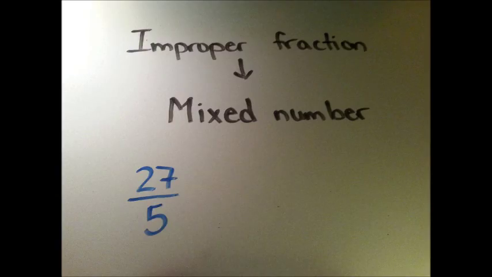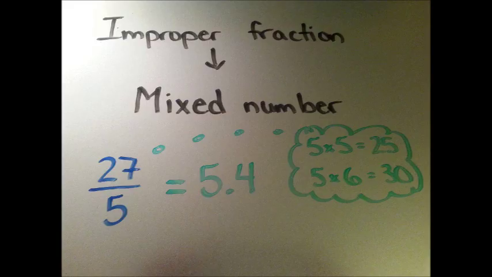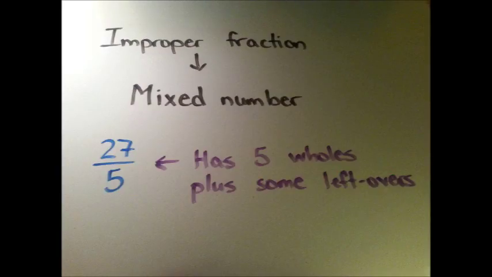If we're going to convert from an improper fraction to a mixed number, well, that's actually pretty easy. If we take a look at the example of 27 divided by 5, maybe you think about your multiplication facts and you realize 5 groups of 5 is 25 and 5 groups of 6 is 30. 27 is somewhere in between, so this should be 5 wholes and some pieces. Or maybe you use your calculator. 27 divided by 5 is 5.4, so we have 5 wholes and some pieces.